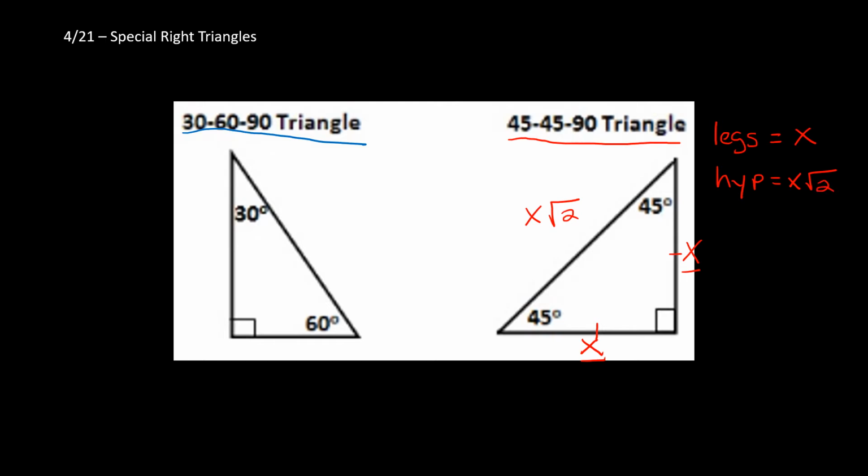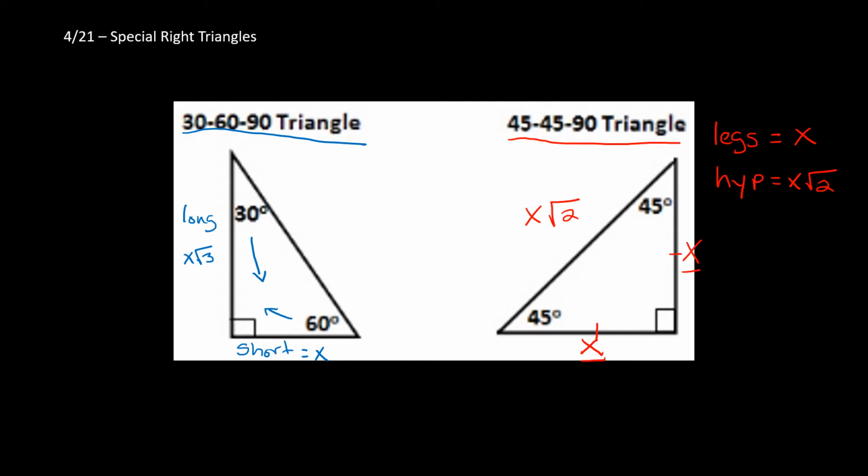Okay? Now, with the 30-60-90 triangle, we have three different sides. We have the side opposite of the 30-degree angle, and this is going to be the short side. Your short side will be represented with an x. The side opposite of the 60 is your long side, and this will be x square root of 3.